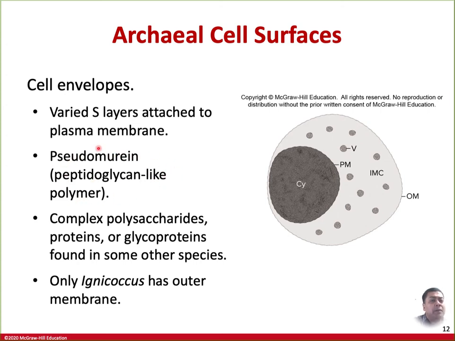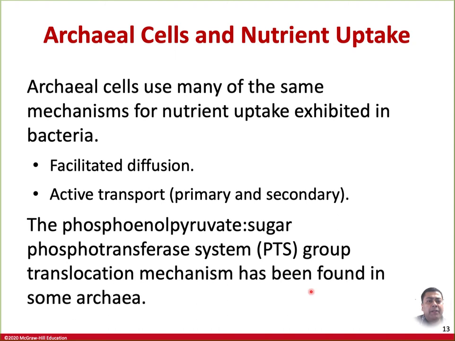There is no real peptidoglycan present, and we are going to see that. Complex polysaccharides, proteins and glycoproteins are also found there. And this is a species, Ignicoccus, and in this one you have only one outer membrane. There is nothing other than the outer membrane present in this. So very, very different from the bacteria.